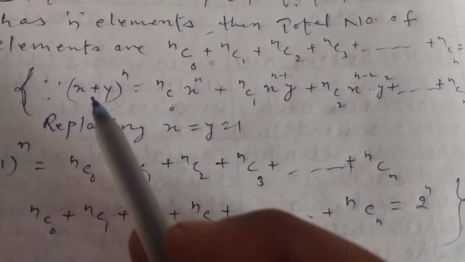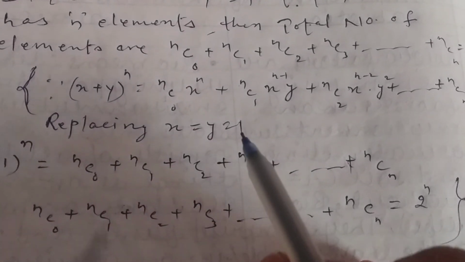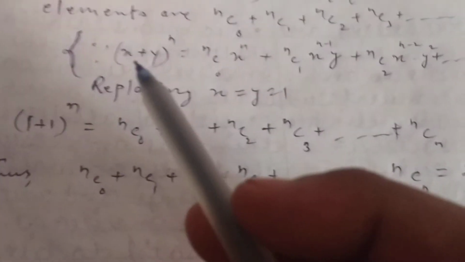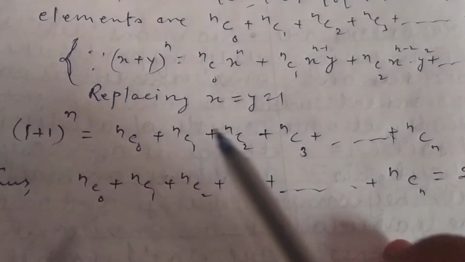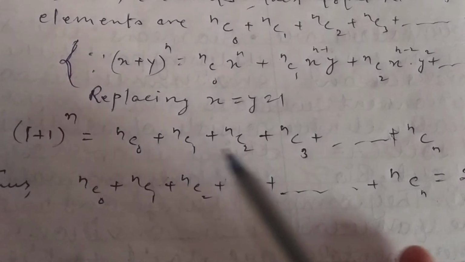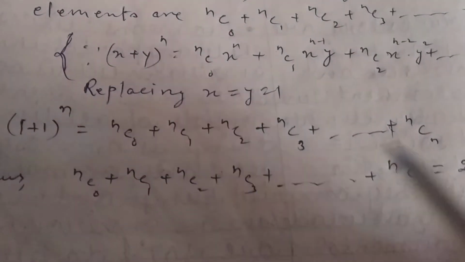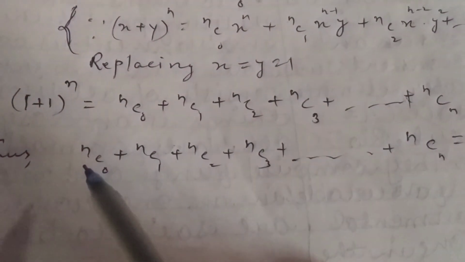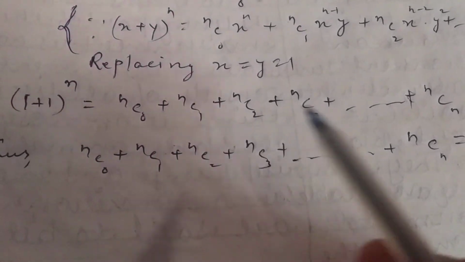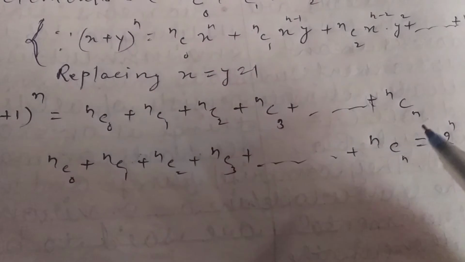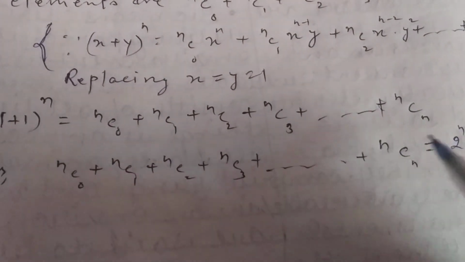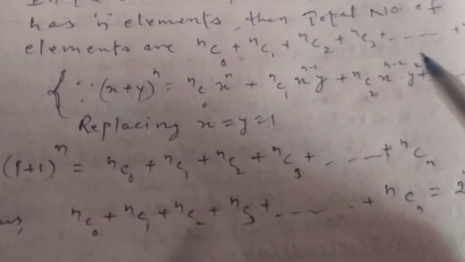If you replace x and y with 1, then our structure will be like this. In place of x and y, we will put 1. So this is the same and its value is (1 plus 1) raised to the power n, that is 2 raised to the power n. So this way we can write.